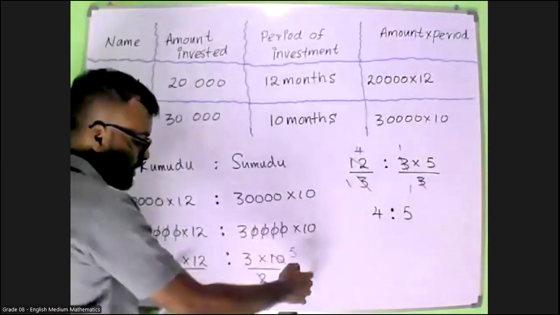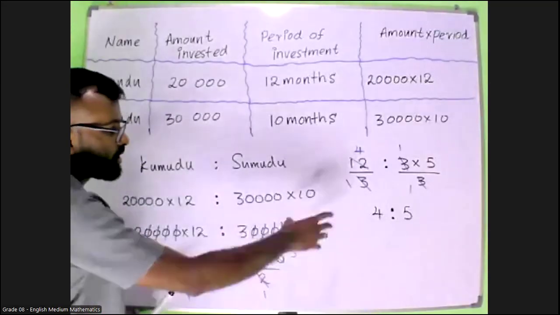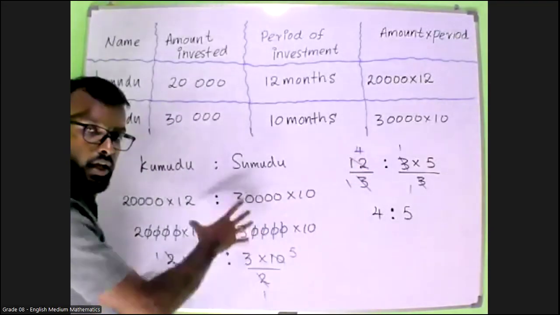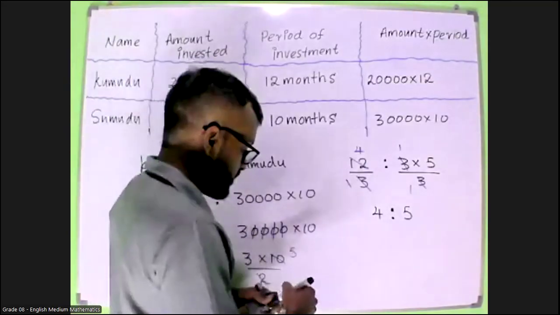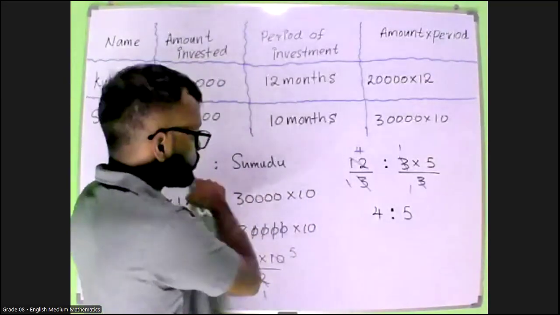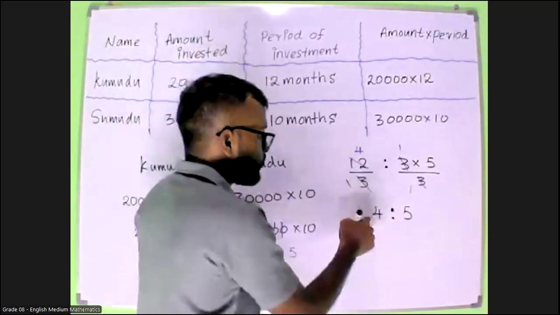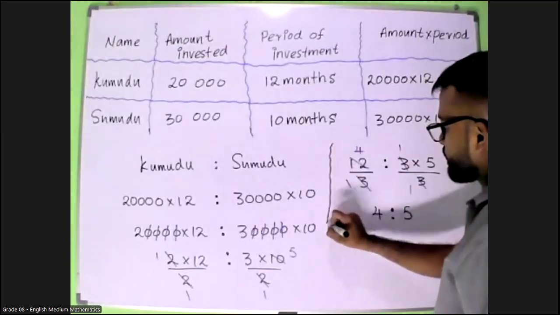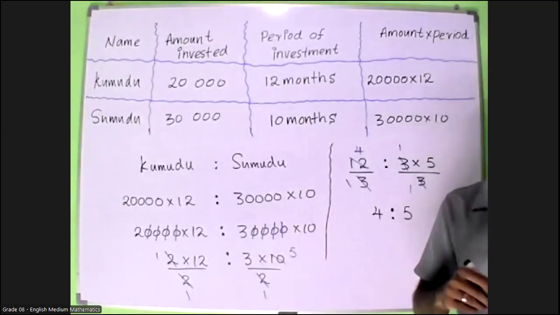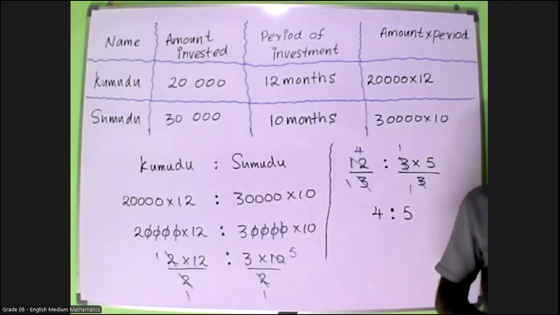Because I don't have enough space here, you have to write this in the same alignment. So Kumudu 4, Sumudu 5. 4 to 5. Please write this.